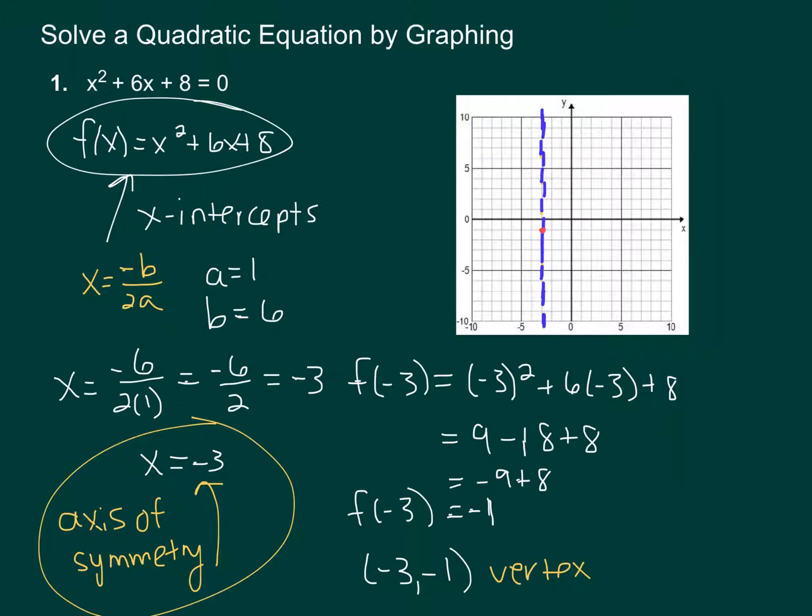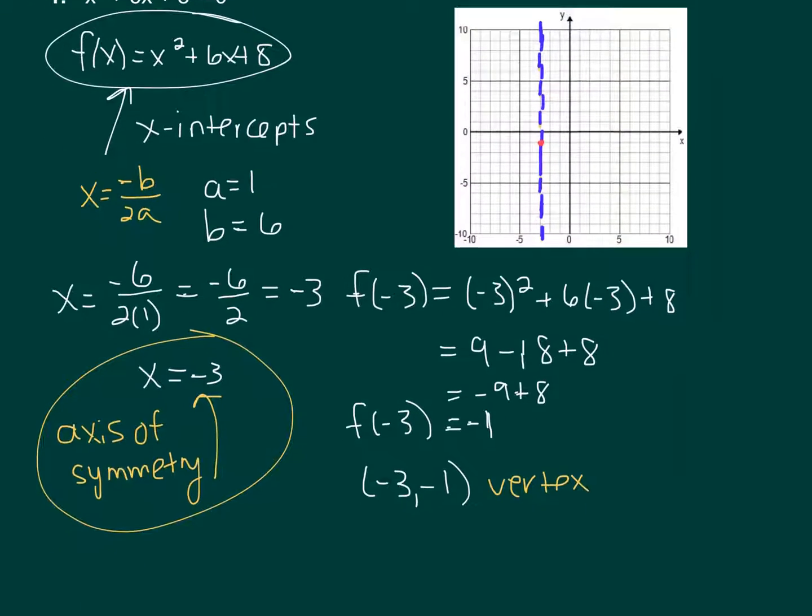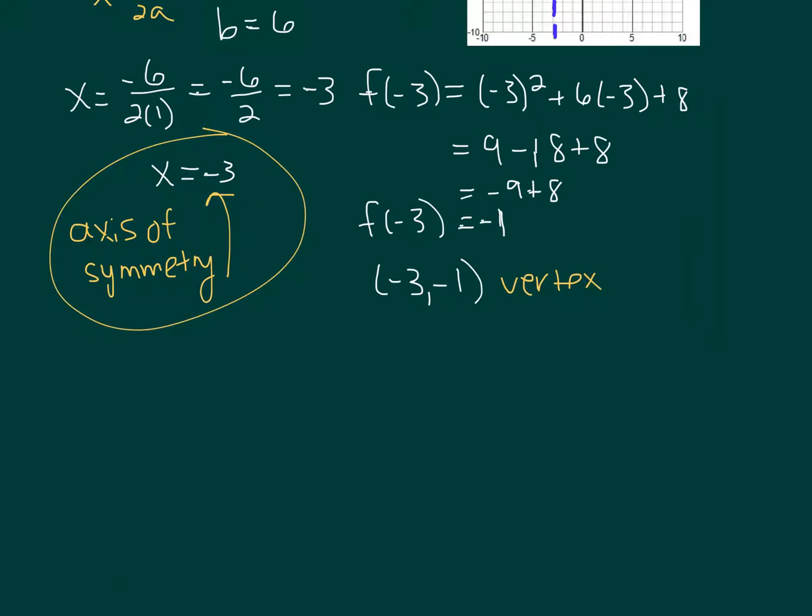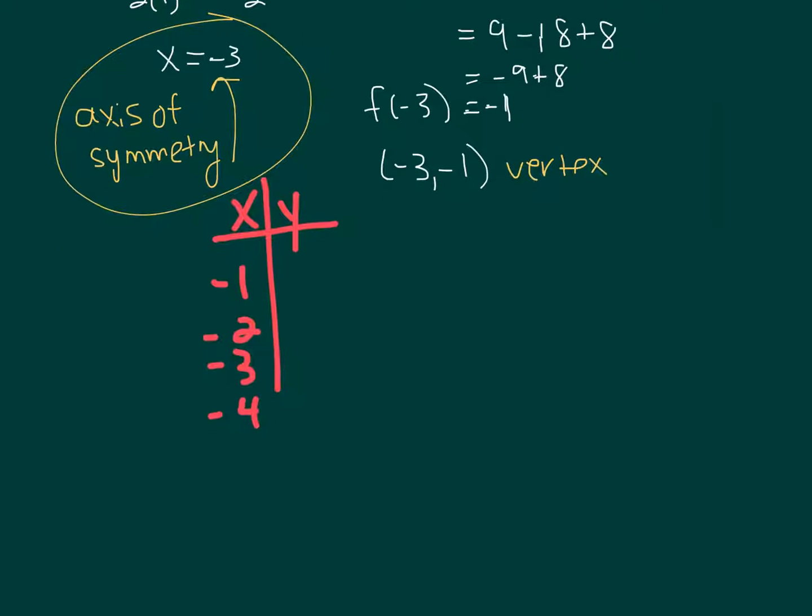Since it's negative 3, we're going to plug in 2 above and 2 below. So negative 2, negative 1, and then 2 below, negative 4, negative 5. And actually, if you remember our twin points, we only need to do half of that, because we know that the values are going to repeat for x values that have the same distance from our axis of symmetry. So we're going to do negative 3, negative 2, negative 1. So we know negative 3's output is negative 1.